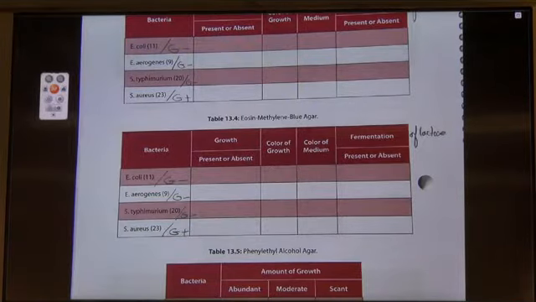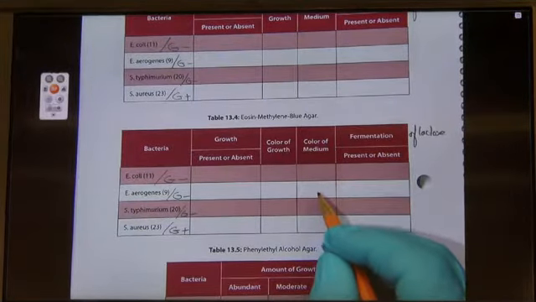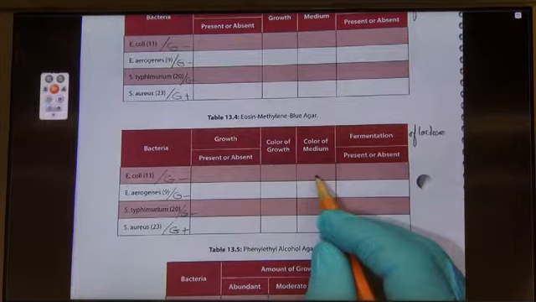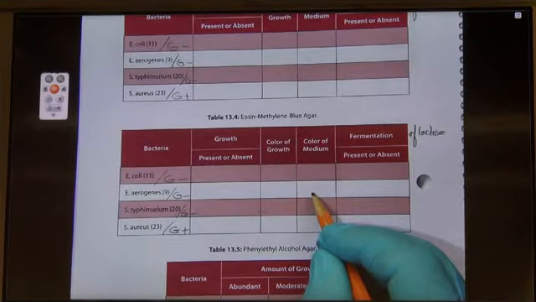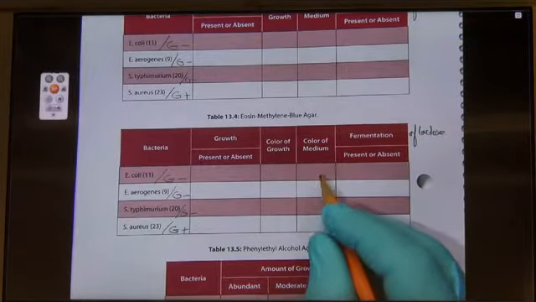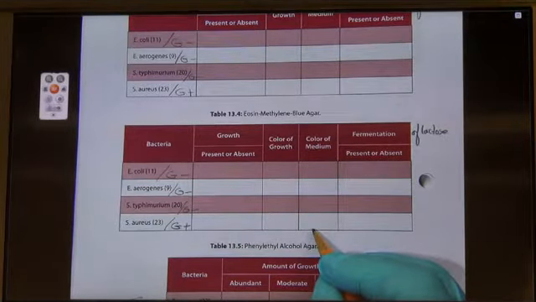In the past, I had plates that had too much acid. So say no change, that's fine. All three, no change, no change, no change. And then Staph aureus, NA.